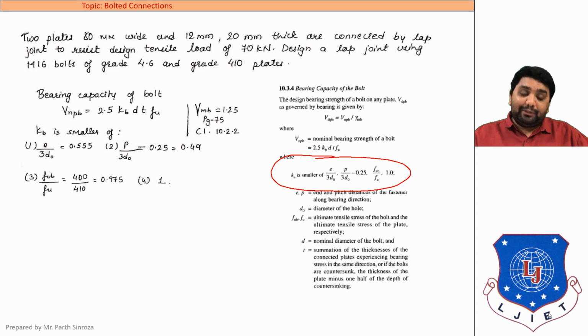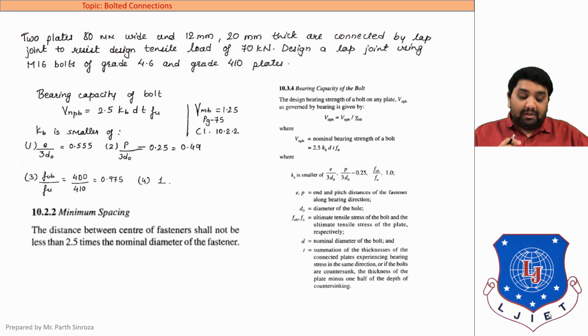Going to the numerator portion, here it is given as e and here it is given as p. E is the edge distance or end distance that we have discussed earlier, and p is the pitch. So how to calculate it? First we will look at pitch. It is given on page number 72 of your IS code, in clause 10.2.2, where minimum spacing is mentioned.